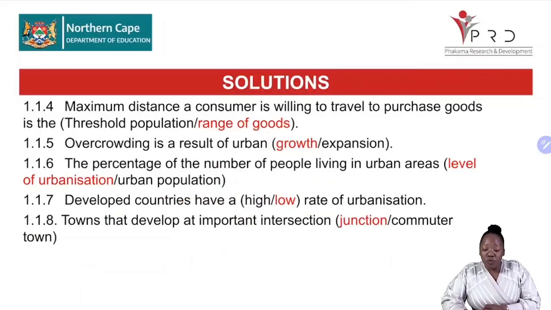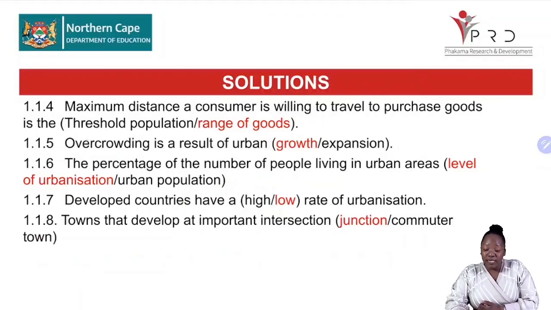Then we move to question 1.1.4. Your question 1.1.4 is talking about the maximum distance that a consumer or a customer is willing to travel to purchase a good. So you will understand that we are talking about the range of goods. How far are you prepared to travel for that item that you want?